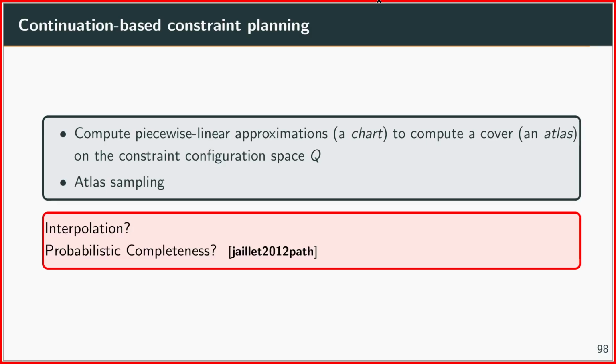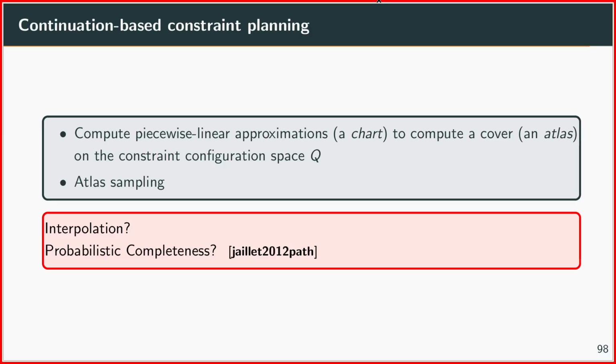You compute those piecewise linear approximations, which sometimes you can call a chart, and you use that to compute a cover or an atlas on the constraint configuration space. Then you do something called atlas sampling, where you just sample points in those linear approximations.